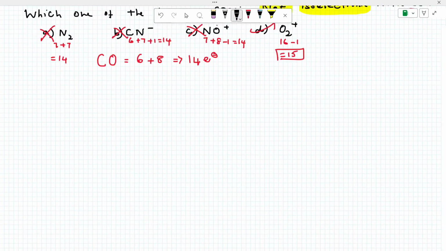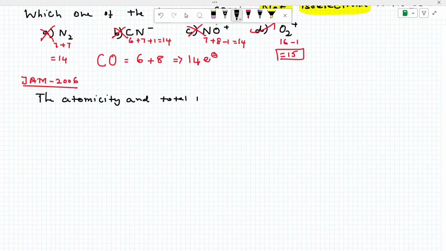Try this question. This is a JAM 2006 question. The atomicity and the total number of bonds in white phosphorus.